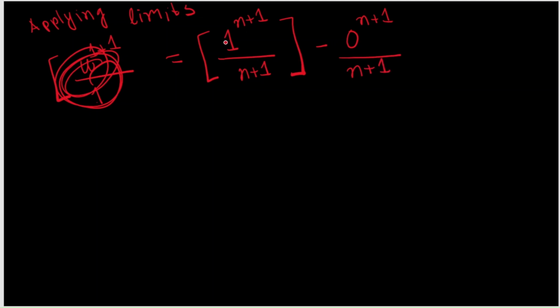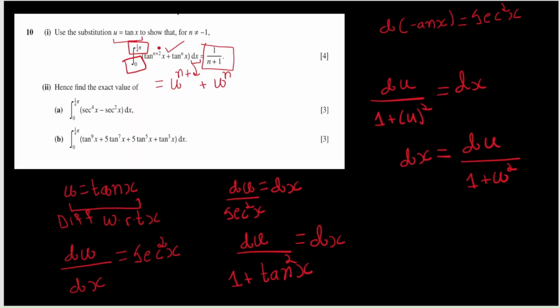Anything raised to power 1 is going to give us 1, so we get 1 over n plus 1. All of this second term is going to become 0 because in the numerator we have 0, and if 0 is divided by anything, we get 0. So henceforth we have proved that this equation is equal to this integral, and we have done this through trigonometric substitution. I hope you understood it.